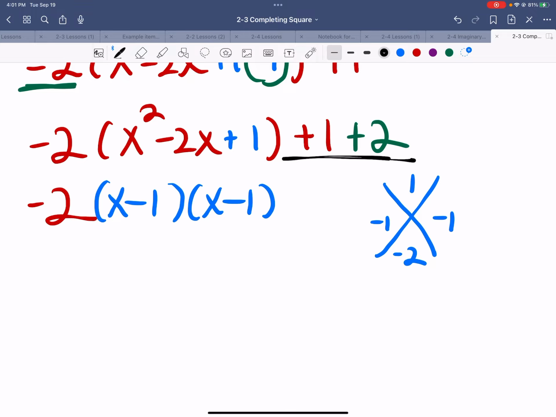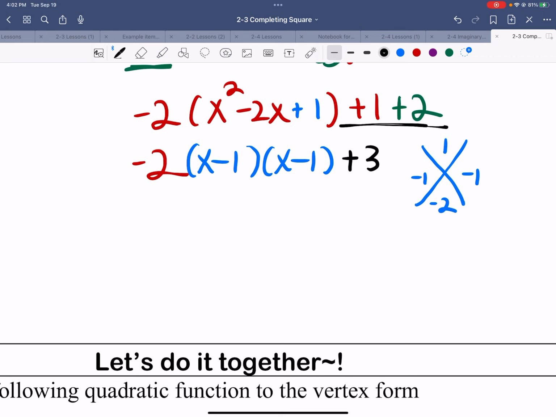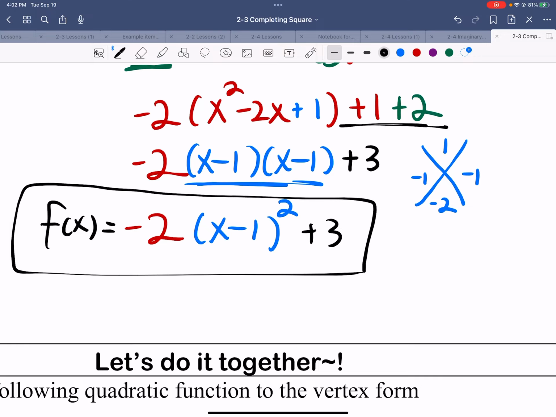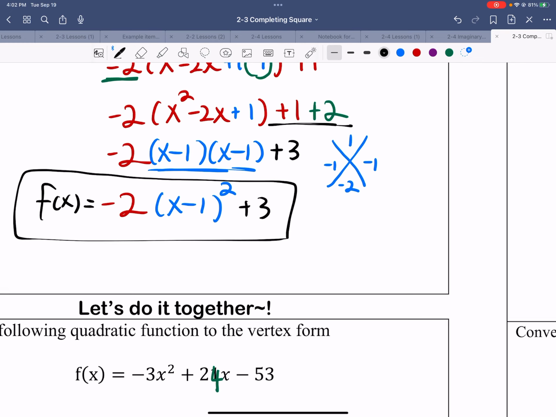And what is 1 plus 2? 3. All right, let's finalize our answer. Do you see we have two of these x minus 1? So instead of writing this, I will write x minus 1 squared. And we still have +3. And I forgot to put f of x.